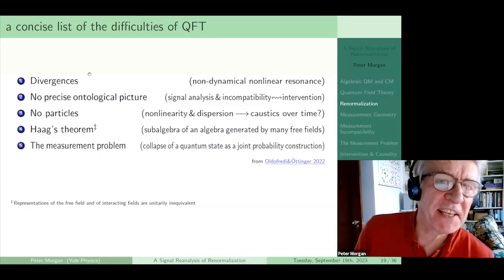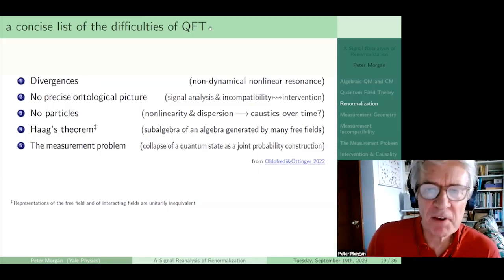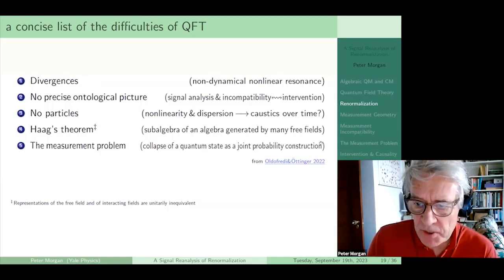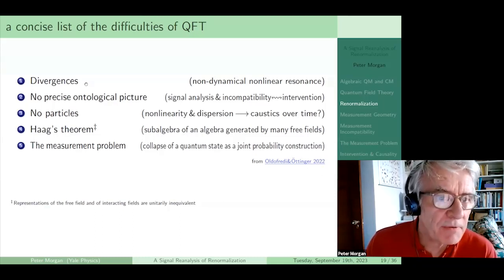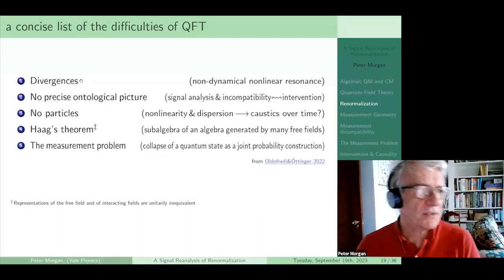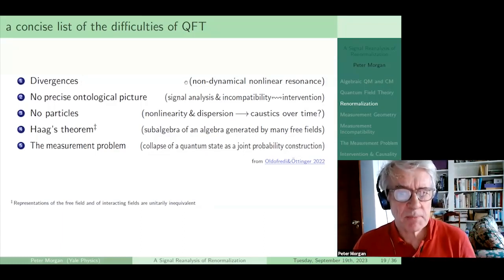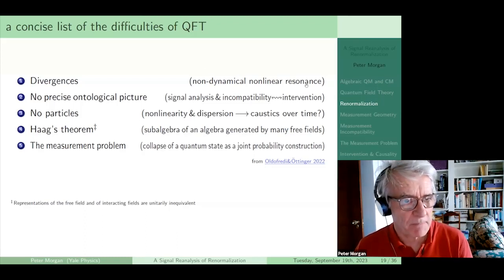So this is a concise list of the difficulties of quantum field theory that I took from a recent article from Oldofredi and Öttinger. These 5 problems. Divergences, which I suggest we can address by the nonlinearity I've introduced, and it's a non-dynamical nonlinear resonance, effectively.